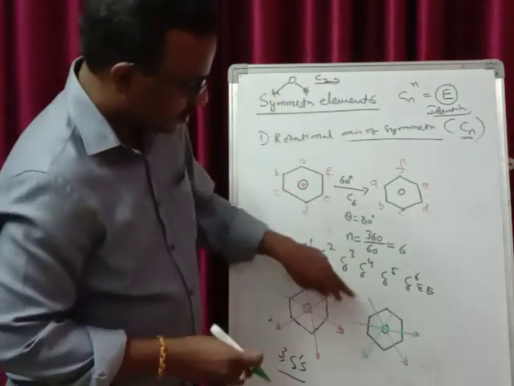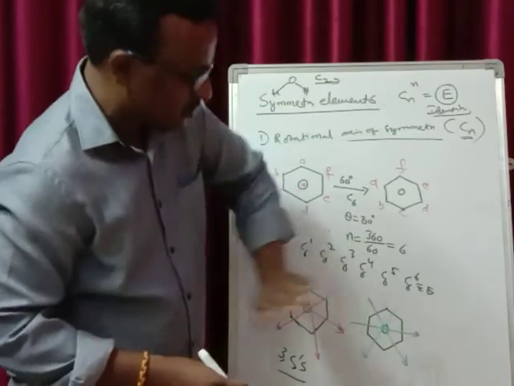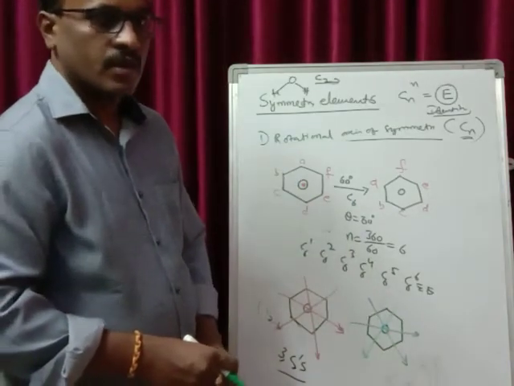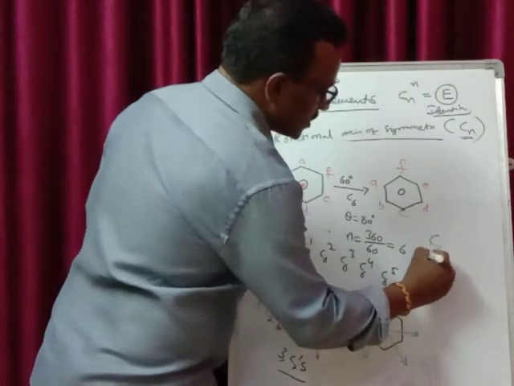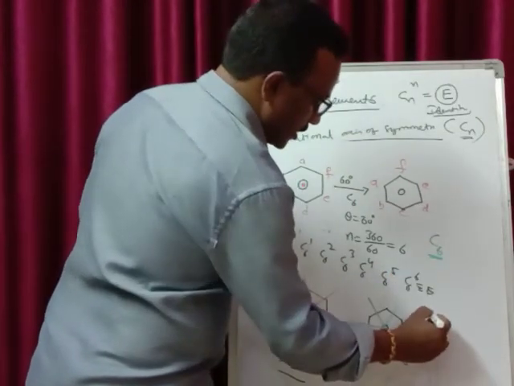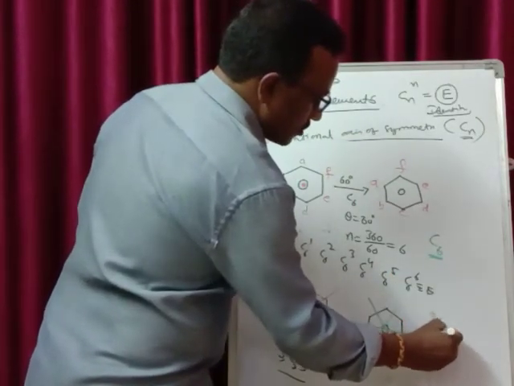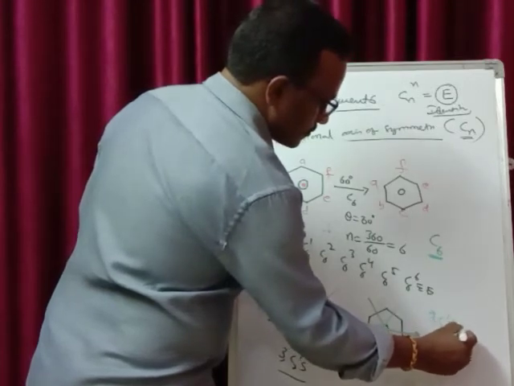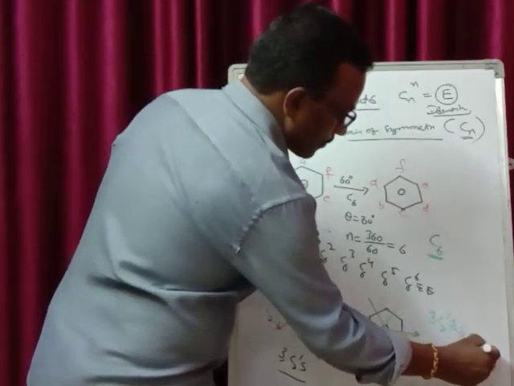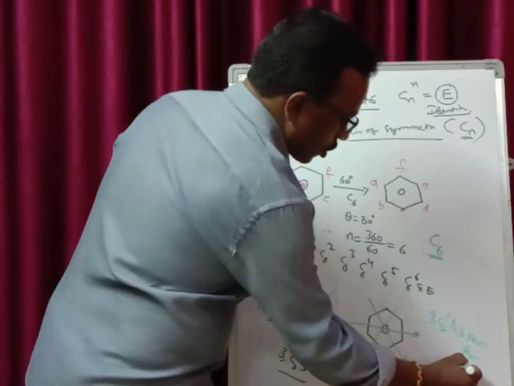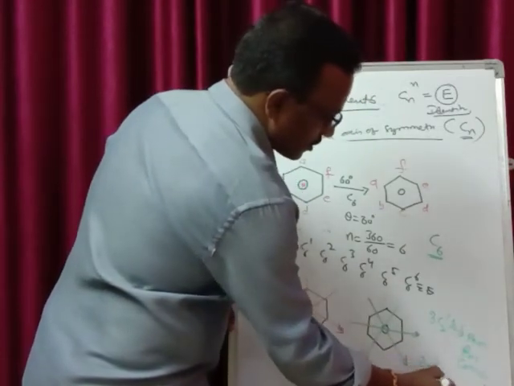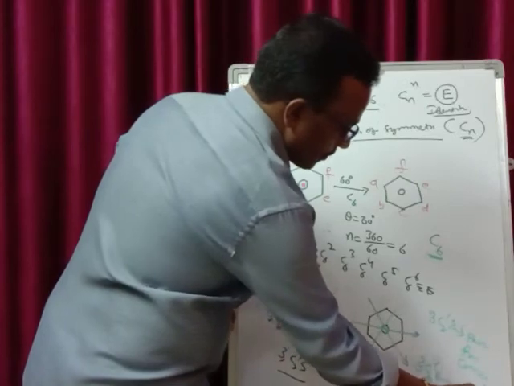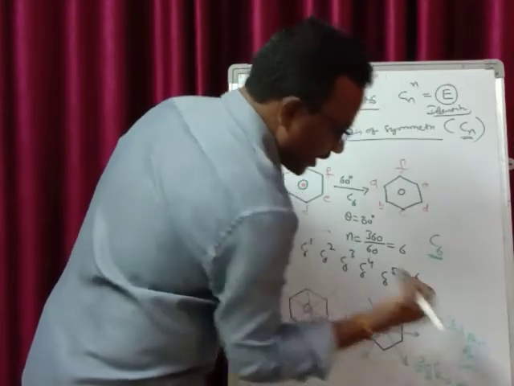If the axis is passing along this, you rotate 180 degrees, you get an equivalent structure. So therefore, in case of benzene, you have a C6 rotational axis of symmetry in addition to the 3 C2s passing from opposite corners, and 3 C2s passing from opposite edges.